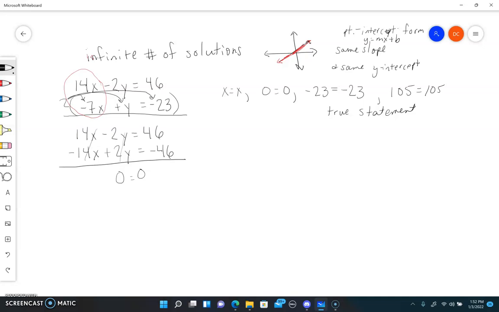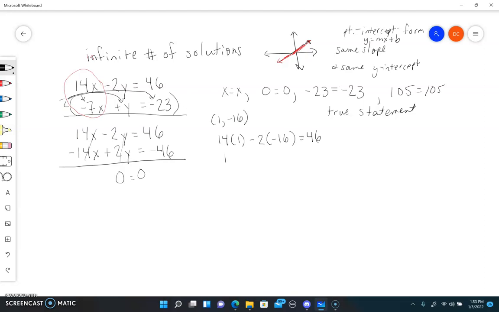So this means that any point that works in one of these equations will work in the other one. Okay, I'm just going to go quickly. I did some work. I used the point 1, negative 16, and I'll just show you that it works in both of these.